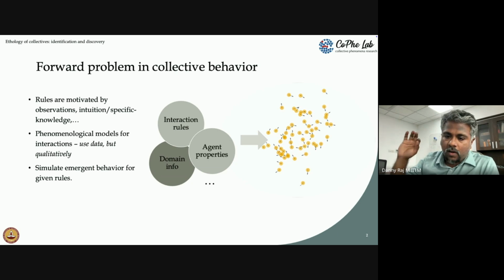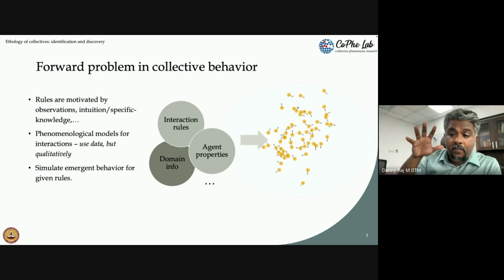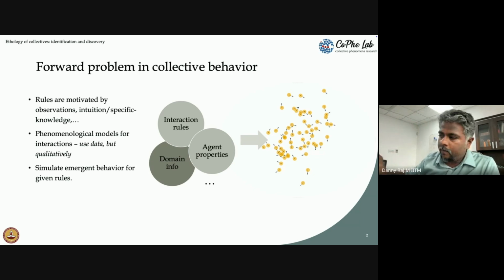So this is what is called a forward problem. You supply everything that is required, all hypotheses, all the models, all the details, everything about the agents, and then you get this collective behavior at the level of the group that emerges out of this.